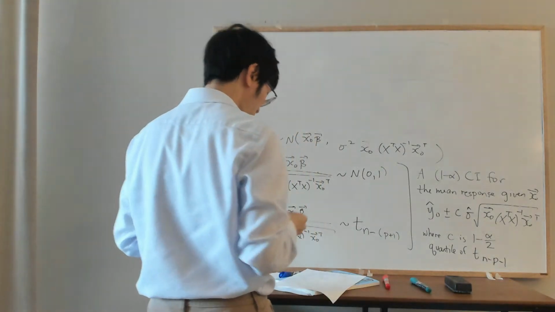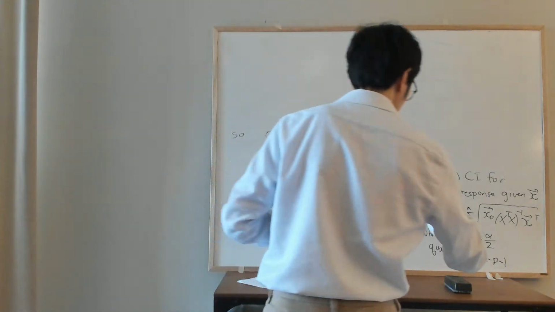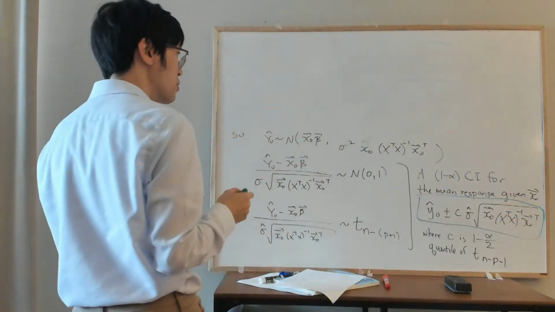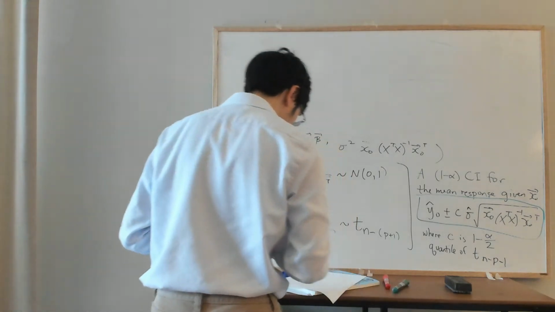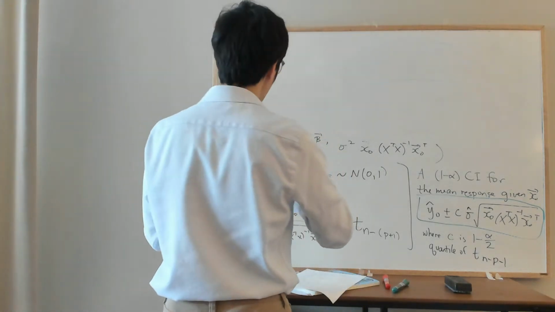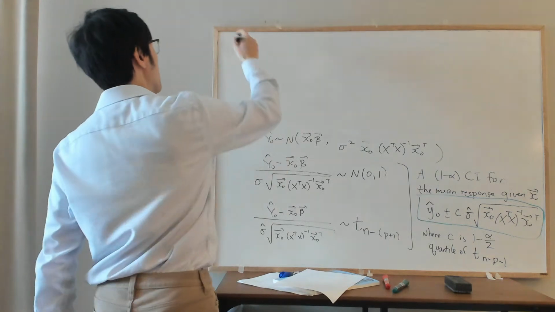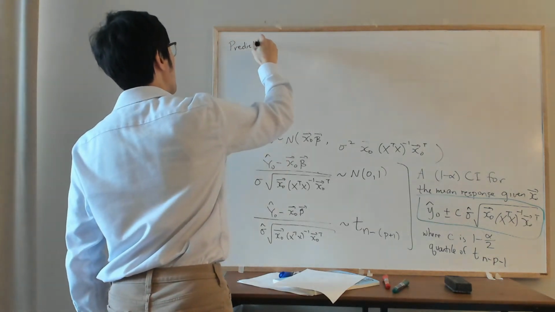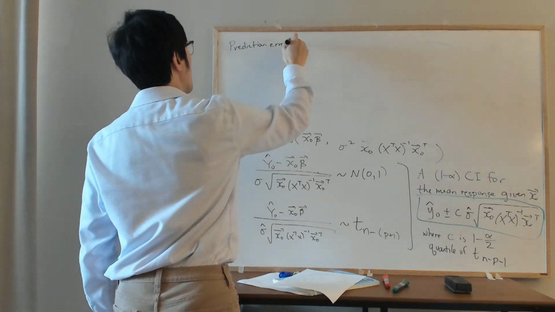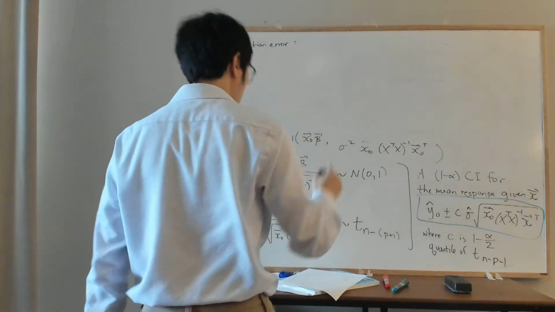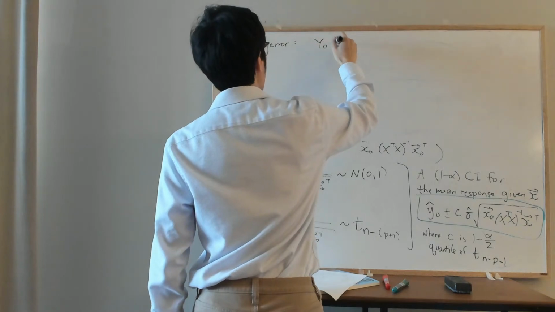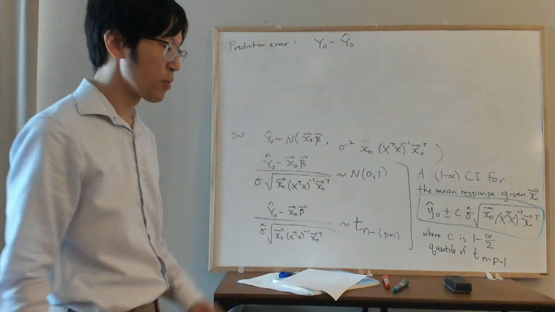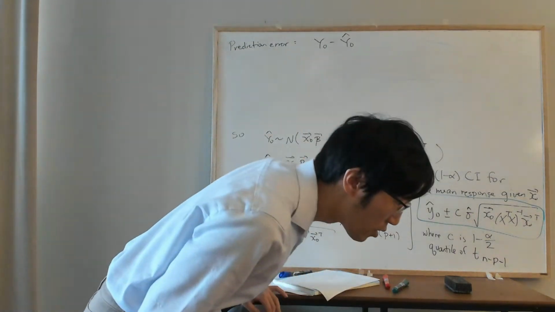We'll keep this one in mind because we're going to compare it with the corresponding prediction interval in just a moment. We'll follow a very similar procedure as for simple linear regression by defining a prediction error, where y0 minus y0 hat captures the prediction.